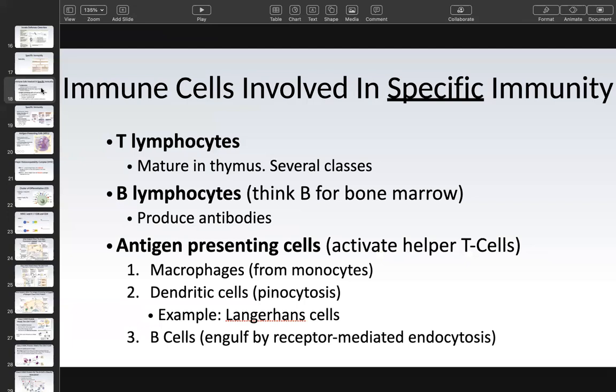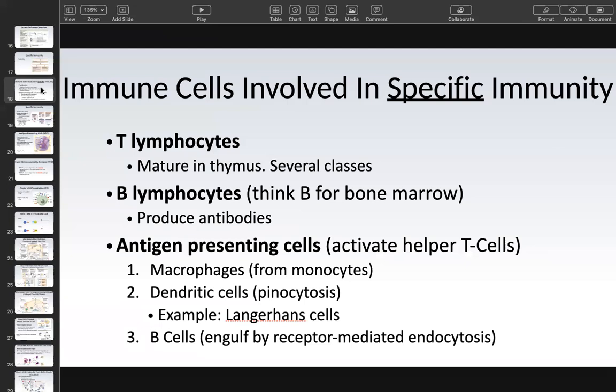It is worth summarizing the main players of the immune system, specifically specific immunity. They are your T lymphocytes, B lymphocytes, and your three main categories of antigen presenting cells, which will work to activate your helper T cells. T cells are the same thing as T lymphocytes.